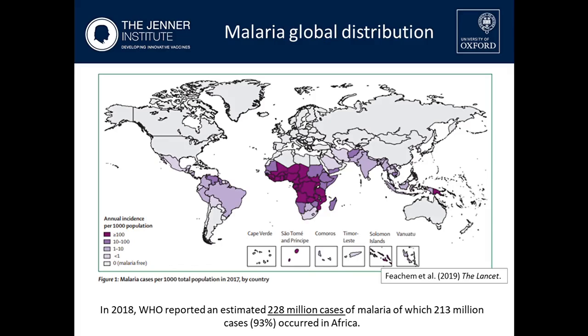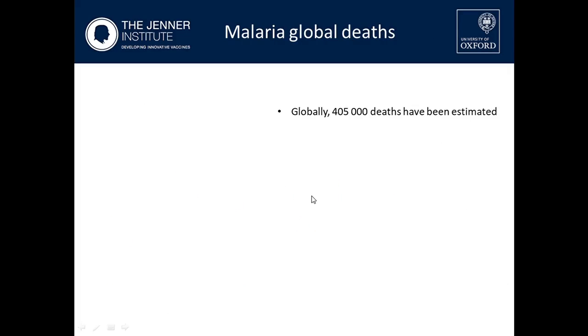In 2018, the World Health Organization reported an estimated 228 million cases of malaria in that year alone, of which 213 million, 93%, occurred in Africa. Globally, every year there are estimated to be more than 400,000 deaths. 85% of those deaths occurred in Africa and India.